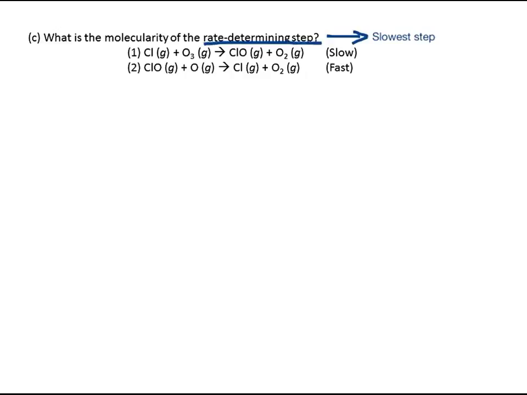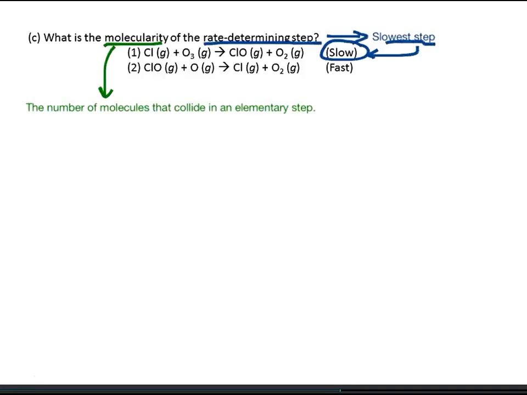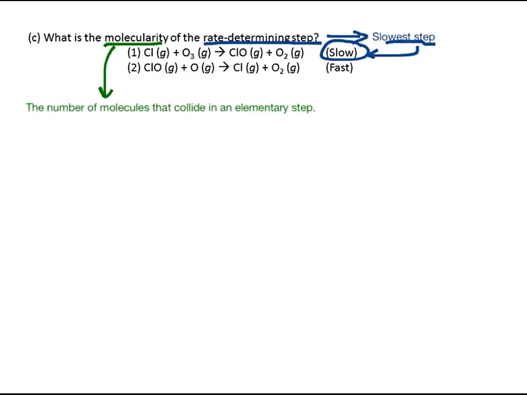And the molecularity in that case is 2. It has 2 molecules that collide. Because there are 2 molecules that collide, it is a bimolecular reaction, since 1 chlorine collides with 1 ozone.